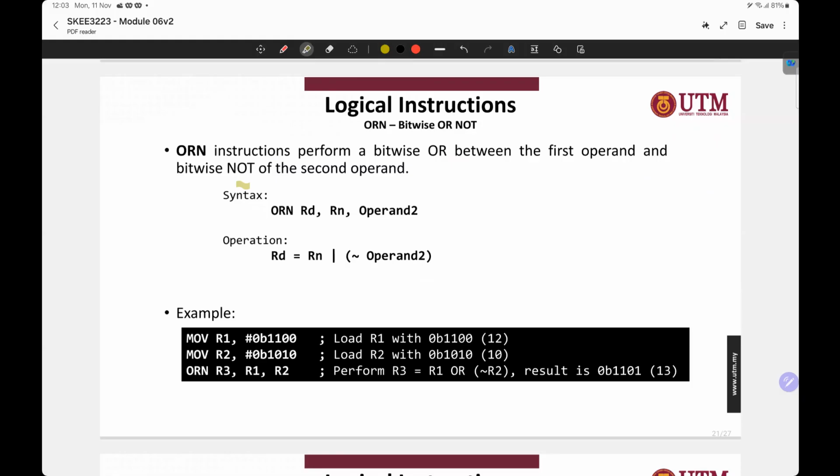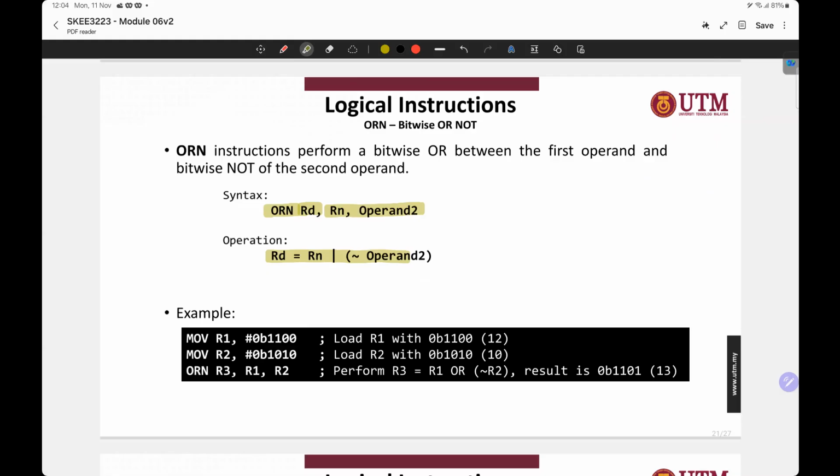This is the syntax: ORN, RD, RN, and operand 2. And this is the operation. RN, then do a logical OR, but the second operand you need to invert first. Then after that you OR with your RN.